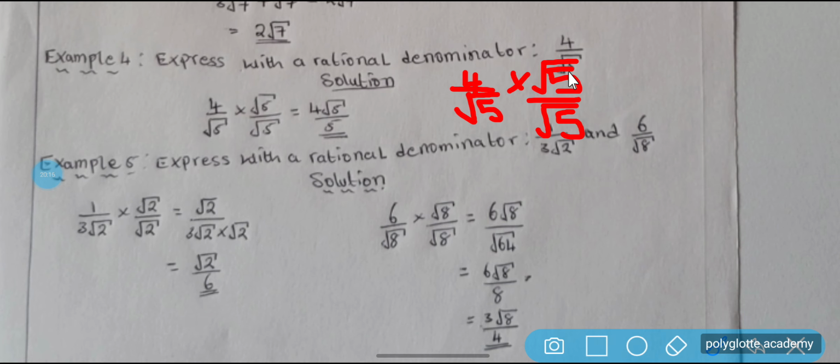It doesn't mean you have to cancel the root 5 and root 5, because if you cancel that, you have not changed anything; you have returned to the original expression, and we don't want that to happen. Let's see what we have here. We have 4 times root 5, which gives us 4 root 5.